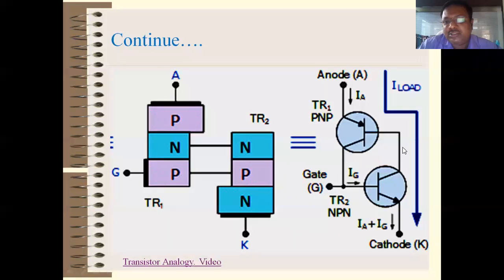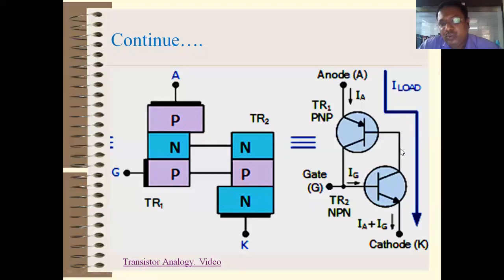So this will continuously apply, and these two transistors remain in the on state even if you remove the gate bias. And this is called regenerative feedback. The collector current, or you can say output current, of one transistor is applied as the input current of another transistor, and the output current of transistor 1 is applied as the input current of transistor T2.